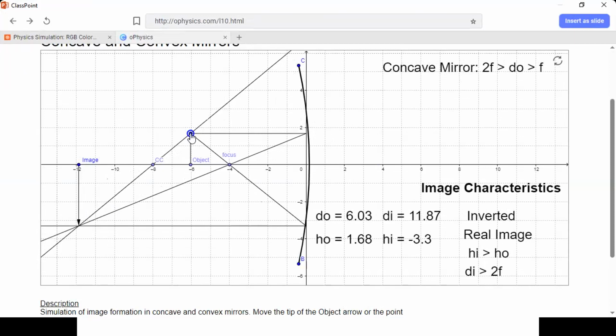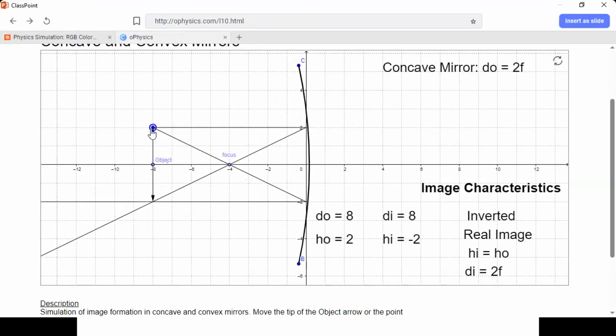But if you place the object at the center of curvature, you see the image is still inverted, but exactly the same size as the object. Good. How again? We just use these three laws that I explained. Good. So you need to practice this. You have this website, you just keep practicing, just learn those three rules, and have this website open.